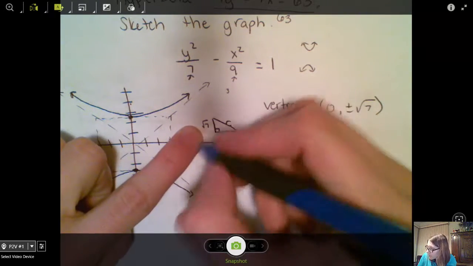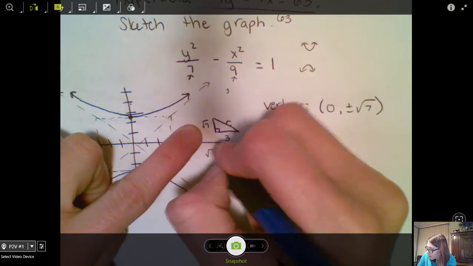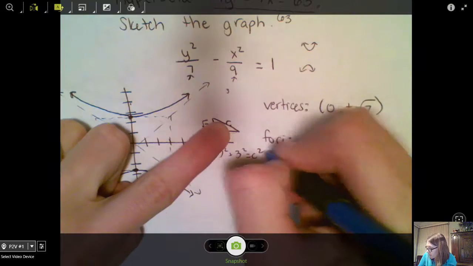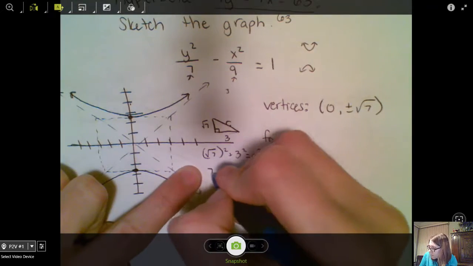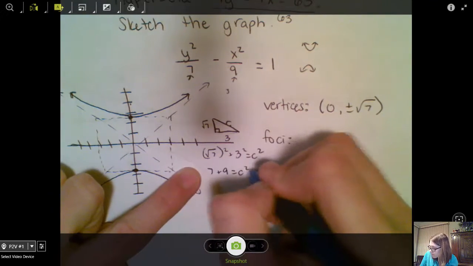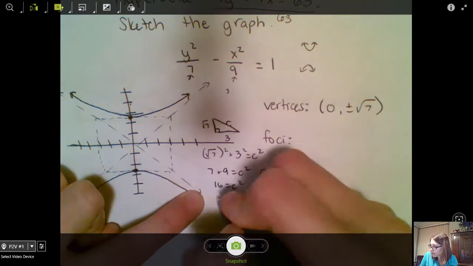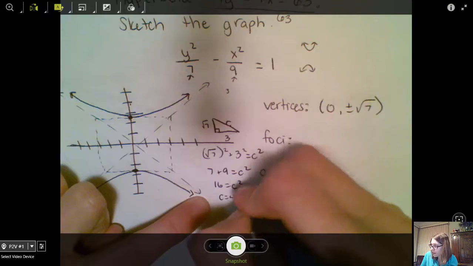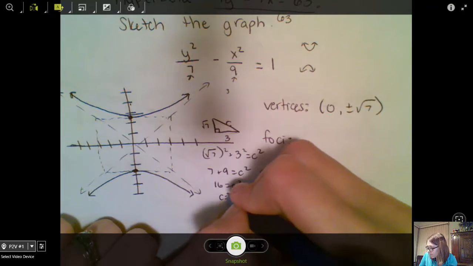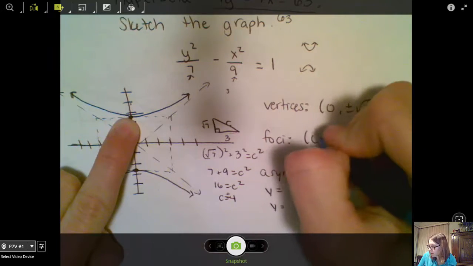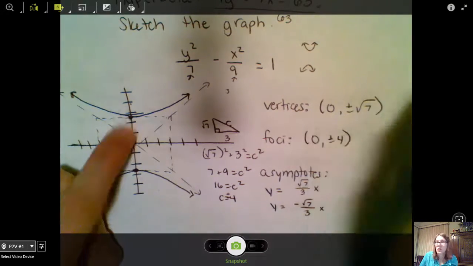Use your Pythagorean theorem. Square root of 7 squared plus 3 squared equals c squared. And that puts our focus at plus or minus 4. So 0 plus or minus 4, the location of our foci.